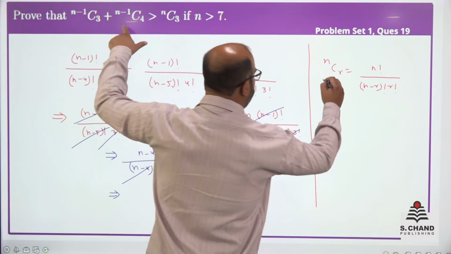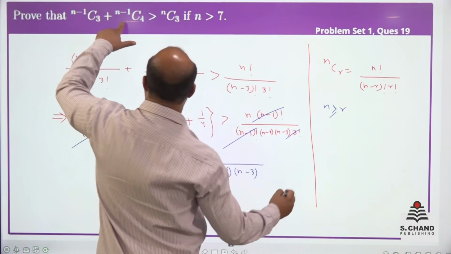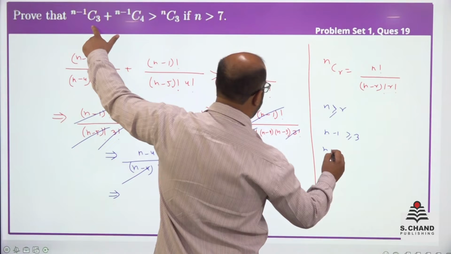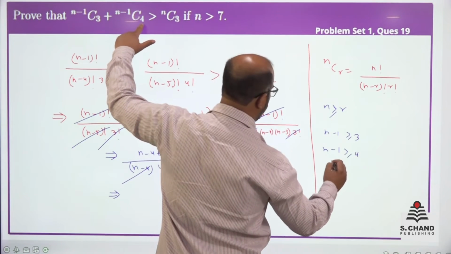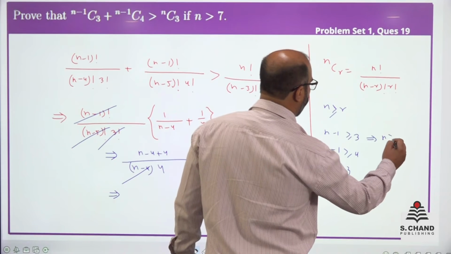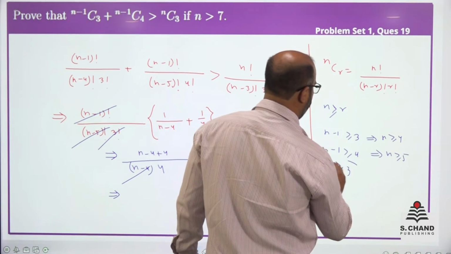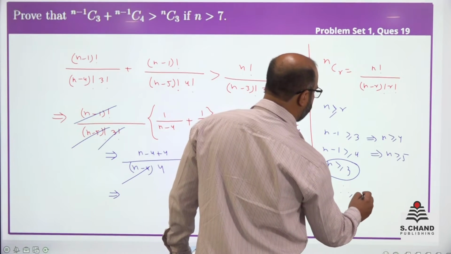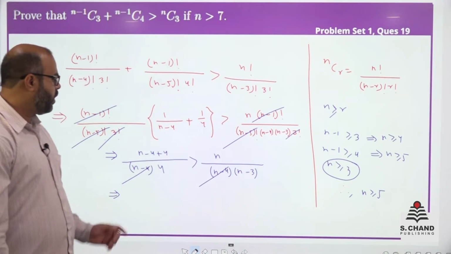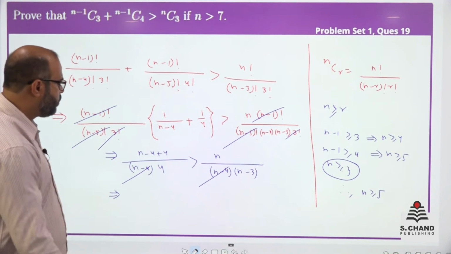We know that in nCr, n is greater than or equal to r. So n minus 1 is greater than or equal to 3, n minus 1 is greater than or equal to 4, n is greater than or equal to 3. From here n is greater than or equal to 4, from here n is greater than or equal to 5 and from here n is greater than or equal to 3. Therefore, n is greater than or equal to 5 is the basic condition. So n minus 4 can easily be cancelled, it cannot become 0.